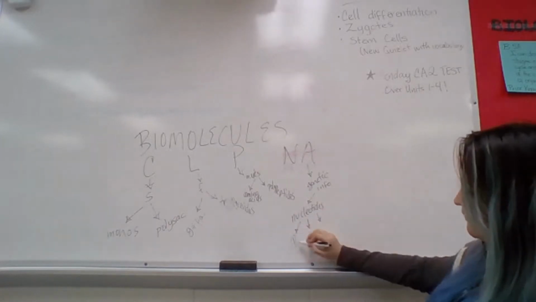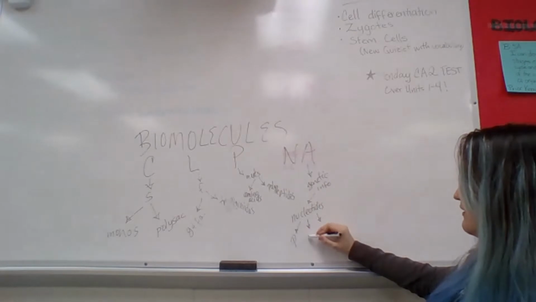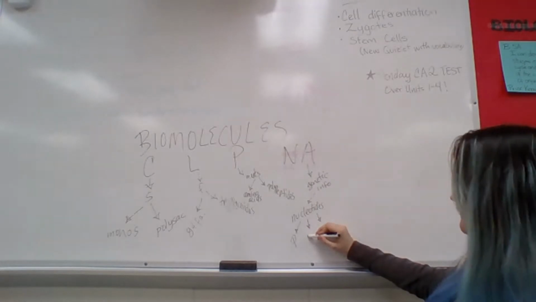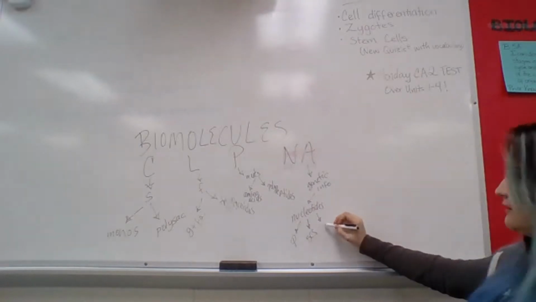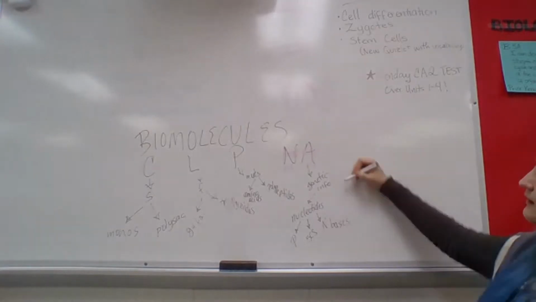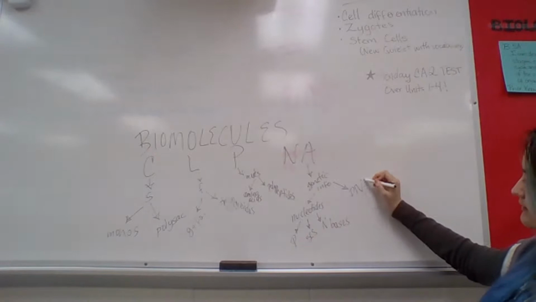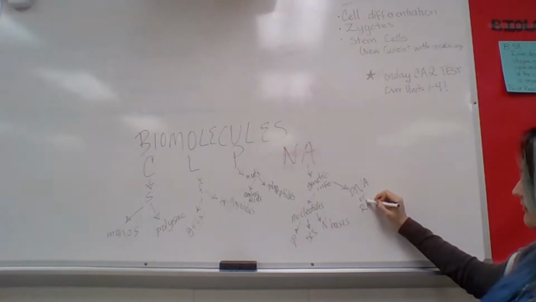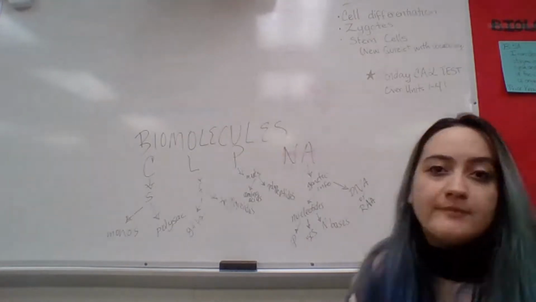They have a phosphate group, 5 carbon sugar, and our nitrogenous bases. And the polymer are either DNA or RNA. All right, that's it for biomolecules.